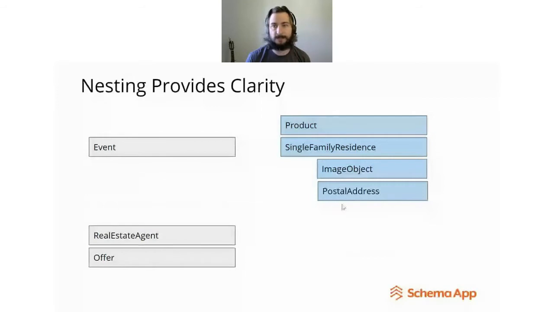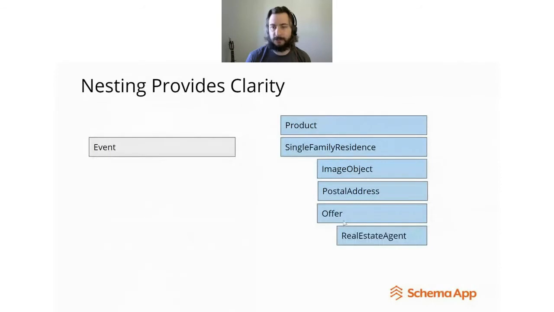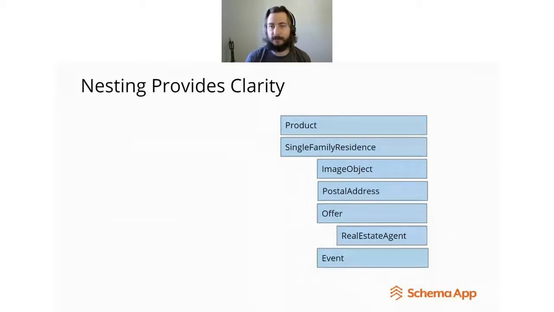This postal address is the postal address for our residence and product. It has an offer. Attached to our offer is an agent who you could contact. And of course, we might have an event like a showing. So this is to underline the fact that nesting provides the clarity and implies the relationship between items.